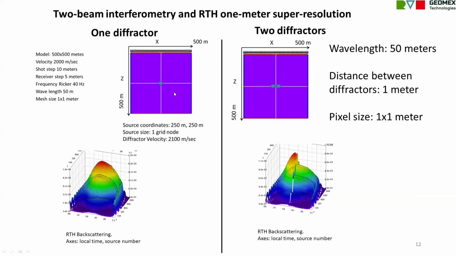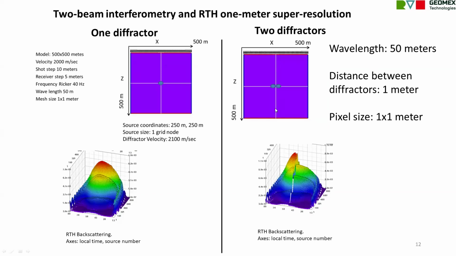For example, for modeling a 1D diffractor source with wavelength 50 meter, frequency 40 kilohertz, and velocity 2000 meter per second. Two-point diffractivity with distance between the 2 points 1 meter.